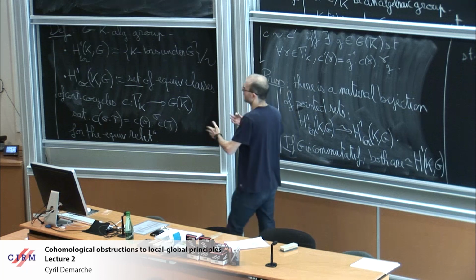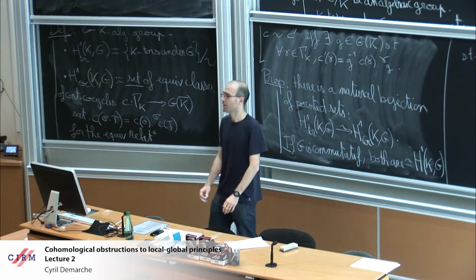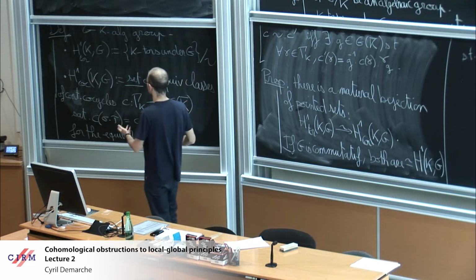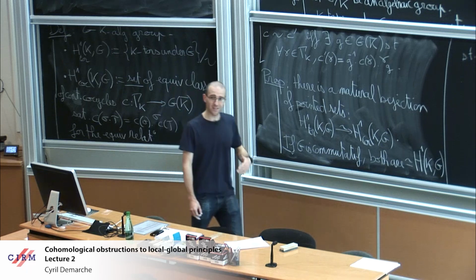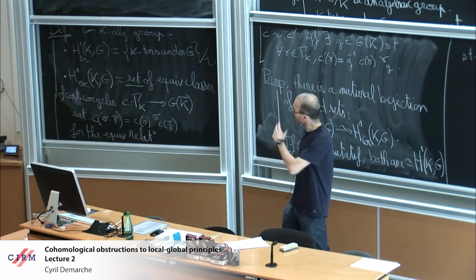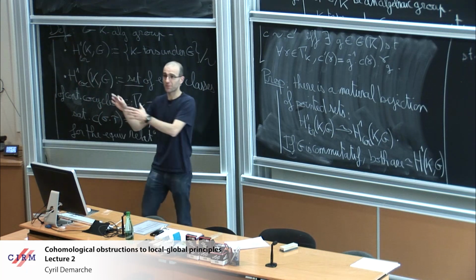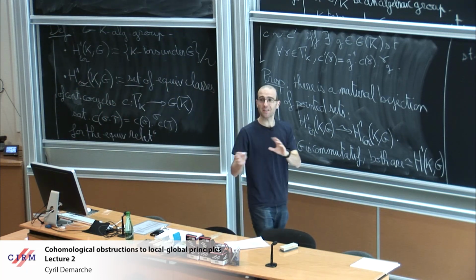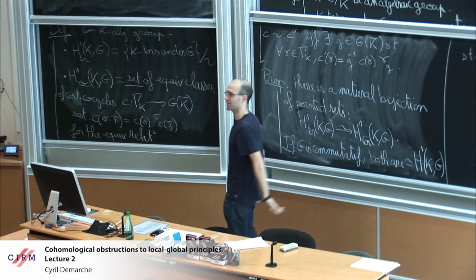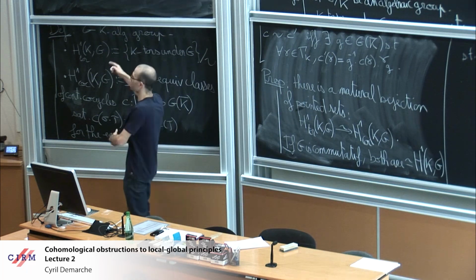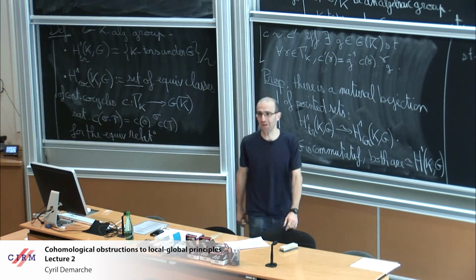We will see that in some particular cases you can do something if you replace G by something that is not abelian, but which is a crossed module, for instance. A crossed module is something in between an abelian group and a general algebraic group. Then you can put more structure on this set. But in general, there is no way.